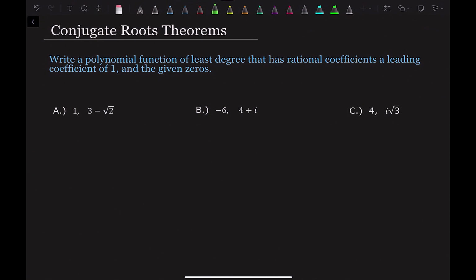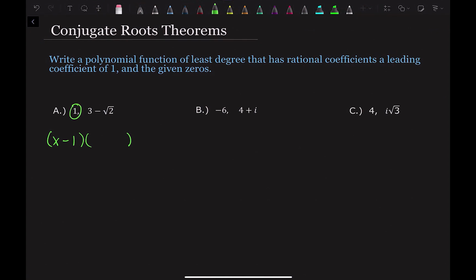For example, we could treat example A, and I will need to space these out a little bit. These problems are going to take some room, so we'll manage that as we need to. If I treat example A like any of the other find-a-polynomial-function problems, we would write out a bunch of linear factors, a bunch of parentheses, that would include an x minus that zero.